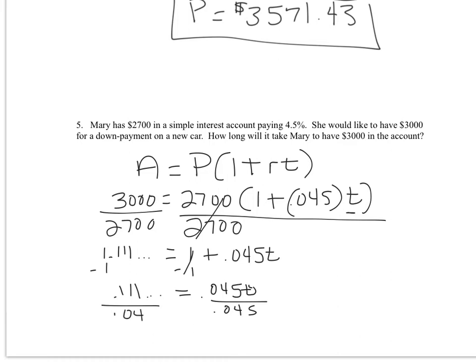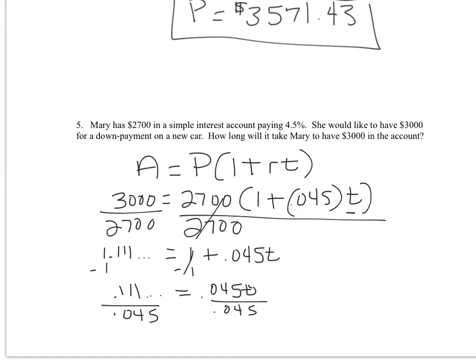Now, at this point, if you still have the 0.111 in your calculator, it's better to leave all those extra digits and then divide that by 0.045. If you're typing this in, be sure you type in 0.11111. Get at least 6 or 7 places to the right of the decimal typed in.